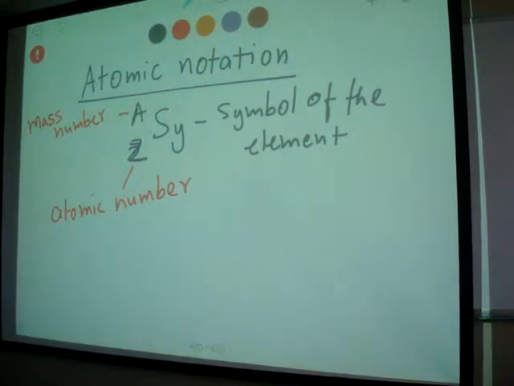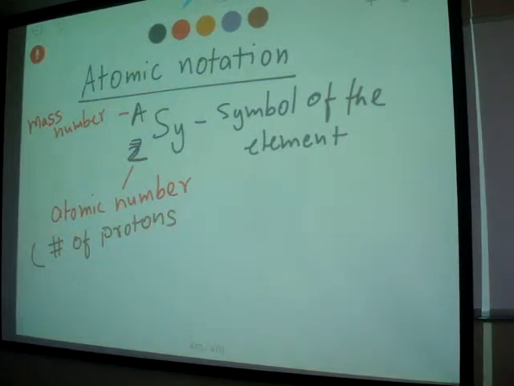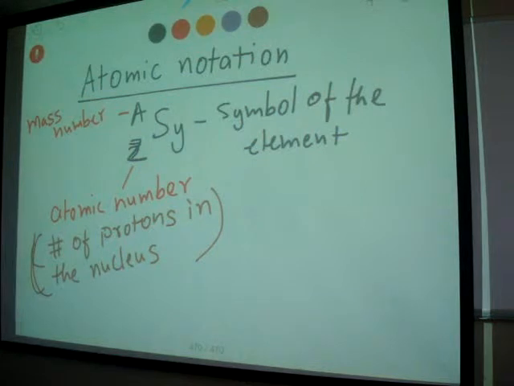So atomic number will tell you the number of protons in the nucleus, and mass number will tell you the total number of protons and neutrons.